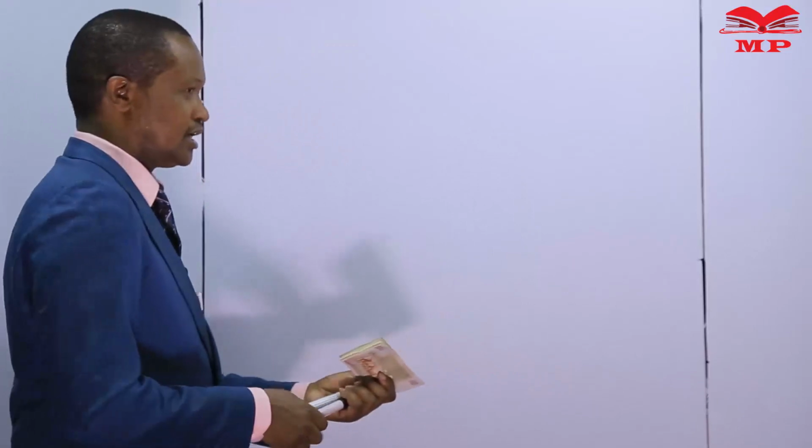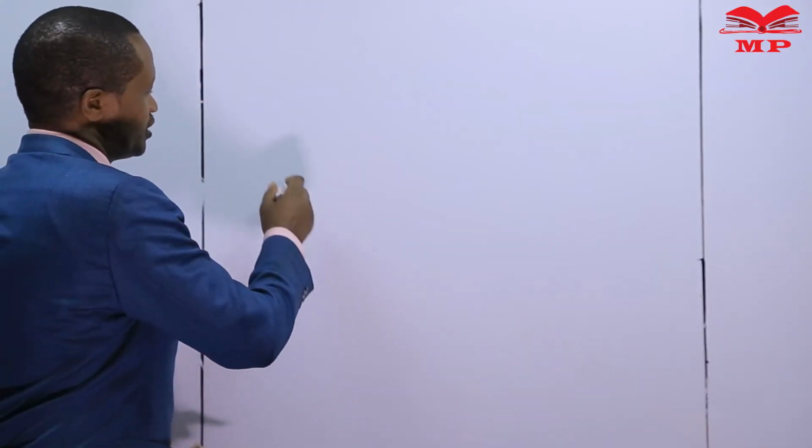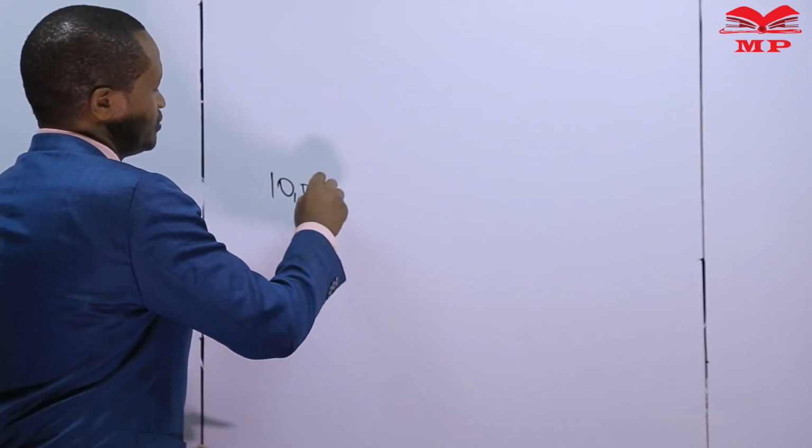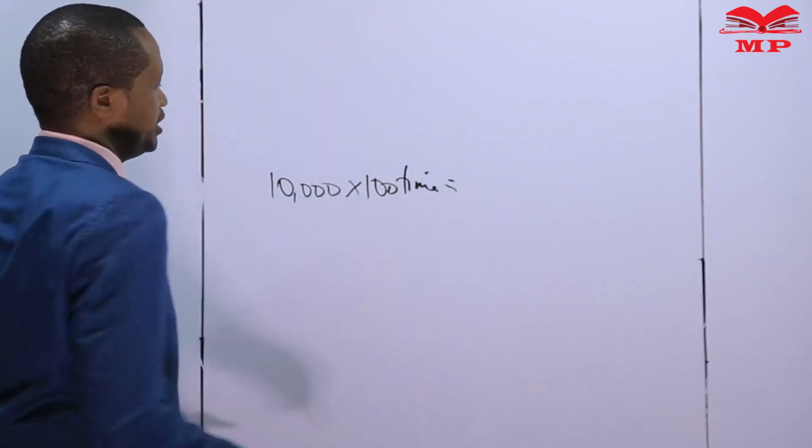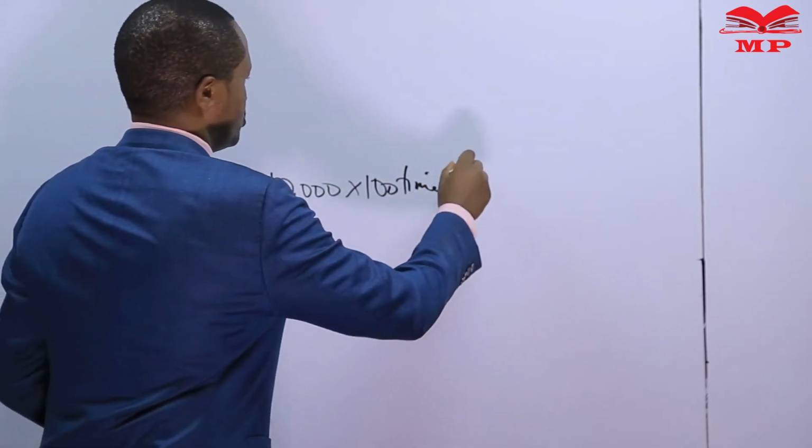So the individual was telling people that if you are to put, for example, this 10,000 in an envelope, the 10,000 will yield 100 times in a week, meaning that after 1 week, the 10,000 will grow 100 times, meaning this would equal 1 million.